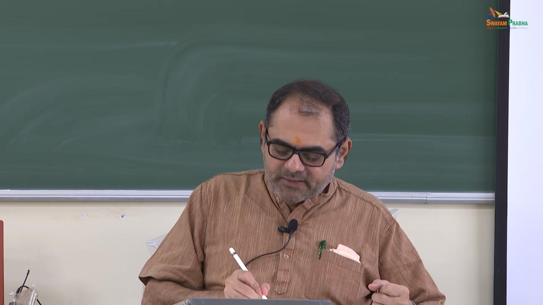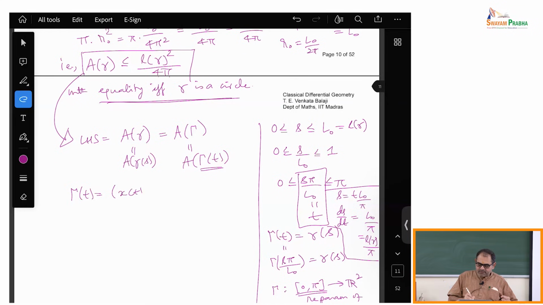So what you're going to apply it to is the distance of the point gamma from the origin. That is the r coordinate in the polar coordinates, so that you get a real valued function. You are going to write gamma of t, which is x of t comma y of t, in polar coordinates, as r of t and theta of t.